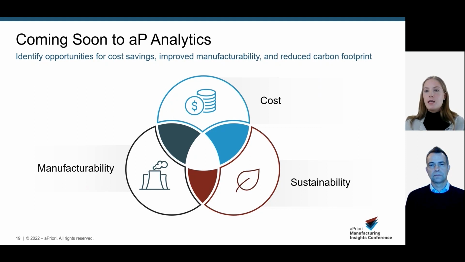But given the increasing importance of monitoring and limiting energy consumption and carbon footprint in the manufacturing industry, I am excited to share that we will be introducing a set of sustainability variables in AP Analytics ad hoc reporting so that sustainability can also become a core element of our component analysis. So please stay tuned for this in a future upcoming release.